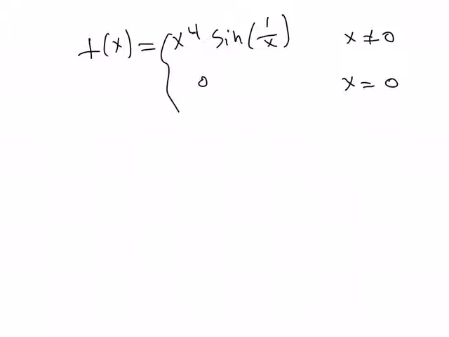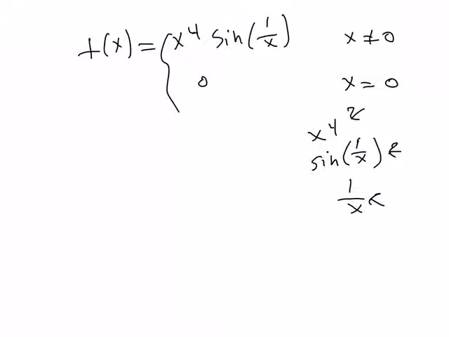Well, when x is not 0, x to the 4th is continuous, sine of 1 over x is continuous, all following by all the rules of continuity that we did. This is a polynomial, and sine is continuous.